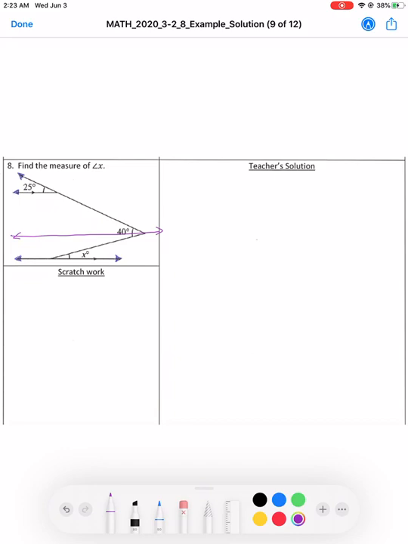We'll name all those lines. This is line 1, line 2, line 3. Okay. Now we're going to see the 40 degrees was split by line 2. So we drew line 2 to be parallel to line 1 and line 3.